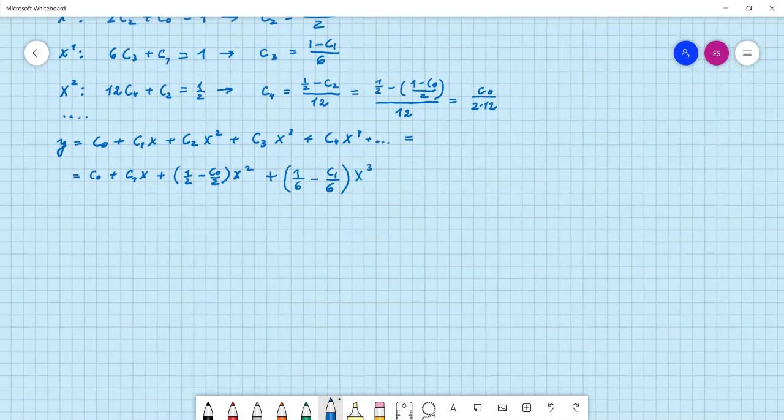And you know that coefficient 3 is going to stand in front of x cubed, so that's a checkpoint. And the last one, I guess, c4, which is c0 over 24 times x to the power of 4.